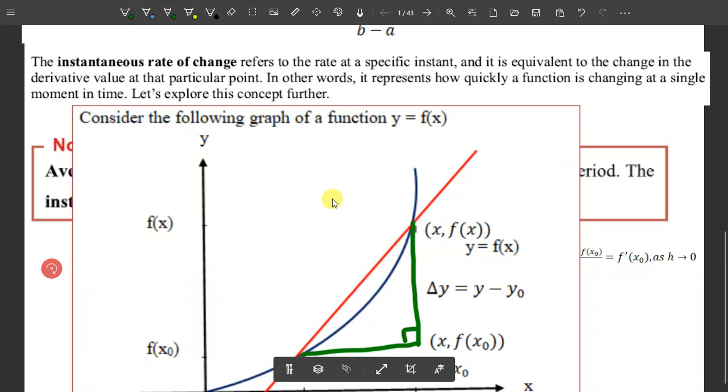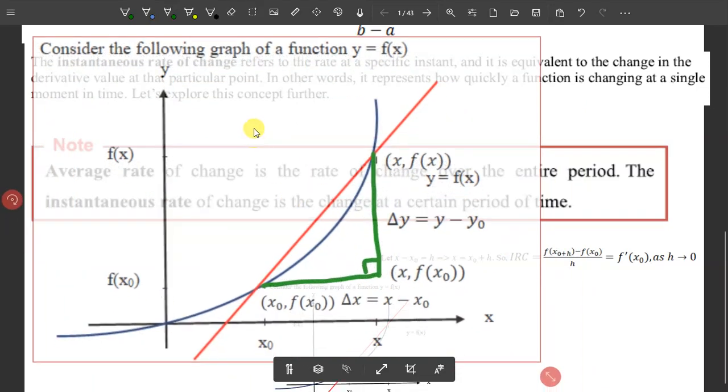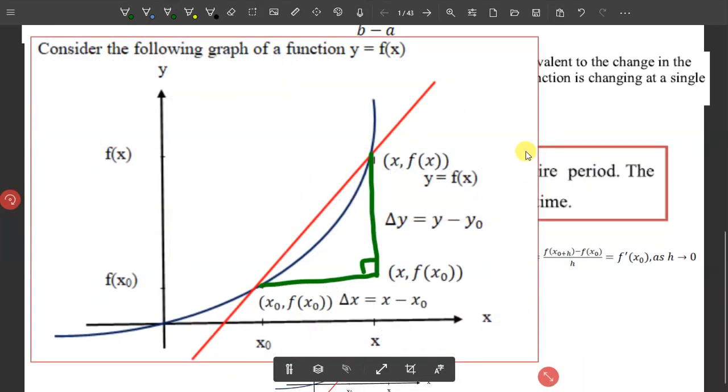Here, as you can see, let me put it somewhere here. If we pull down this red straight line, our x approaches x0. Our x simply goes to x0, while our f of x goes to f of x0.